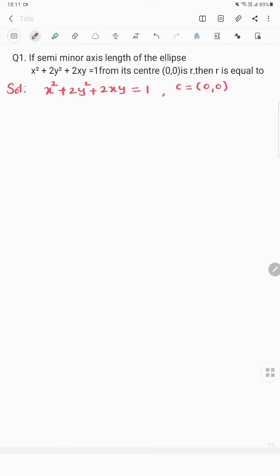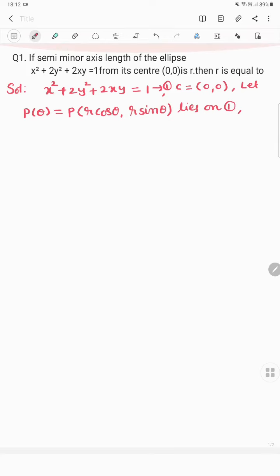Let us consider the point P of theta on the ellipse, that is, r cos theta, r sin theta, a parametric point. This point lies on equation 1.